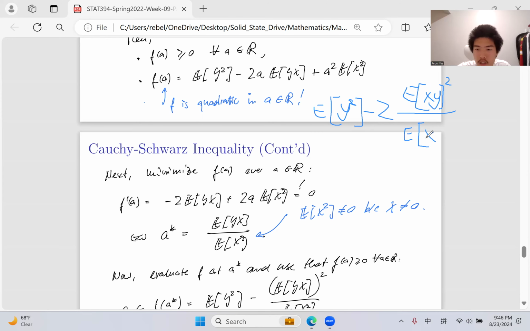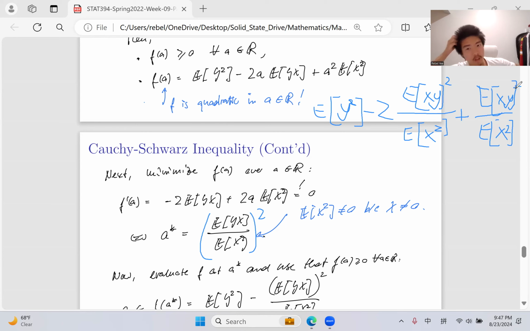It doesn't change. And this term becomes plus this square, but we square this term, so it's squared times the expected value of x squared. So one layer of the expected value of x squared is cancelled out, and this remains here. So that's the result.